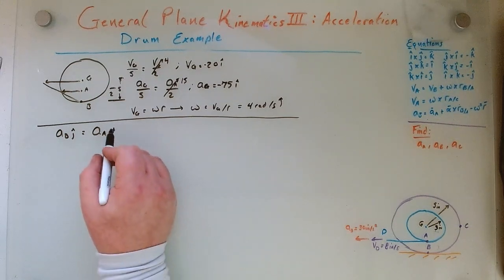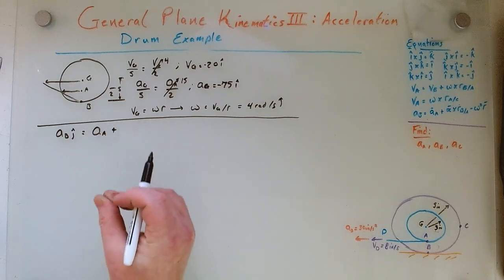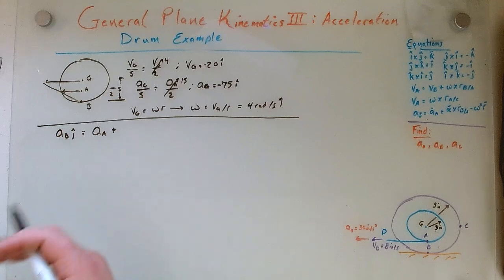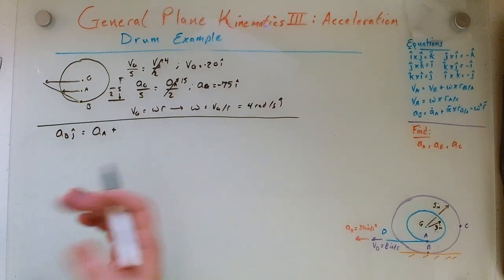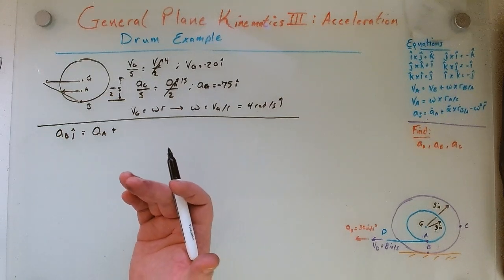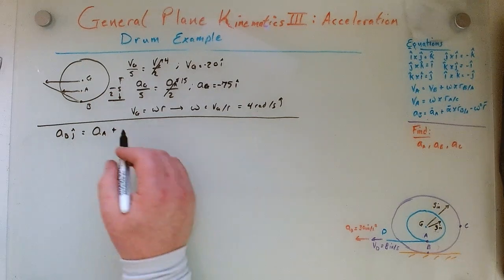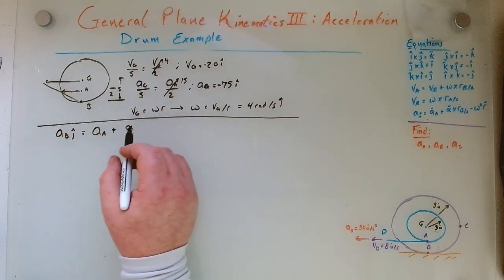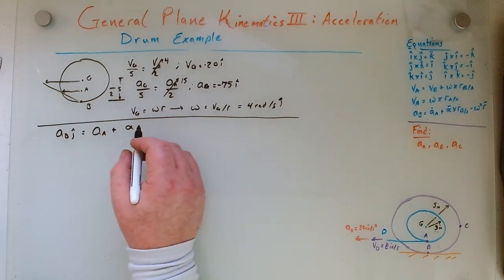plus the normal and tangential components, and we need to calculate those. Anything that is in the I direction doesn't contribute, but we need to add those in. So that would be alpha, which we don't yet have. We don't know what the acceleration is yet.